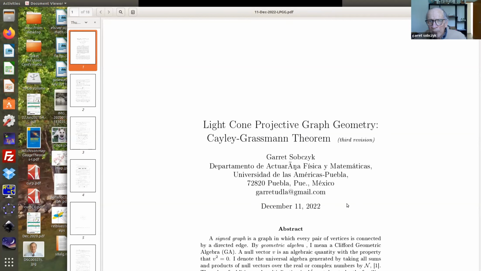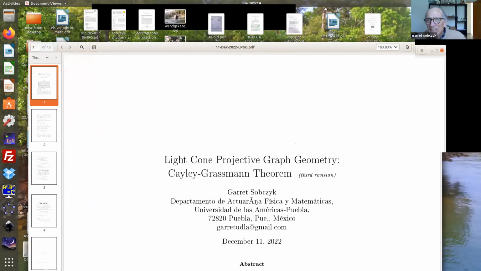Can you see this new paper again? Yes, we can. Okay, so it says light cone projected graph geometry. You can see that? Yes, looks good.